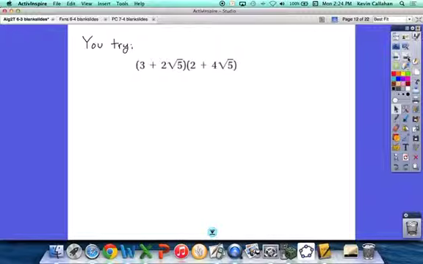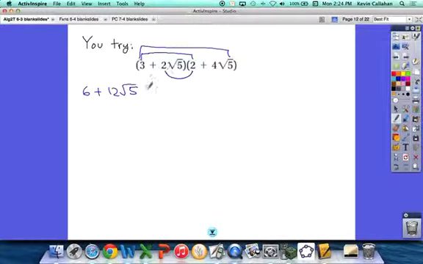Right? FOIL. First terms, 3 times 2, 6. Then outer terms, 3 times 4 root 5. What is that? 12 root 5. The inner terms, 2 times 2 root 5 plus 4 times the square root of 5.